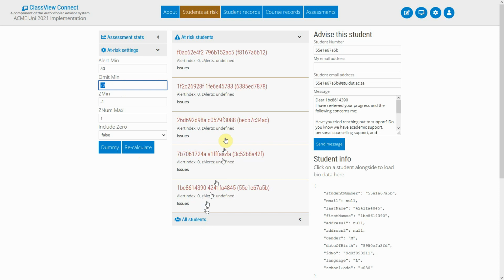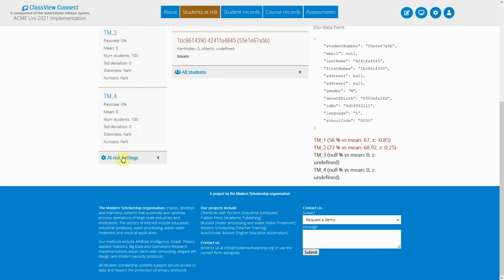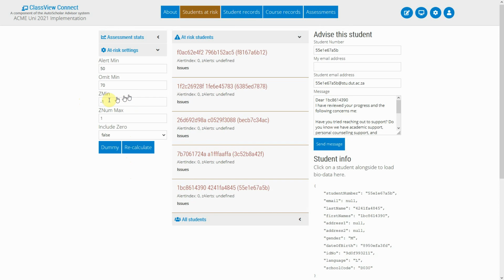And in this case, by the way, it's showing some students that don't have this very low Z-min, and that's because on this particular assessment, the results are quite good. So it's actually struggling to find students in that very low range. It's also because there's such a departure from the normal distribution that using the normal distribution style of approach doesn't work too well.